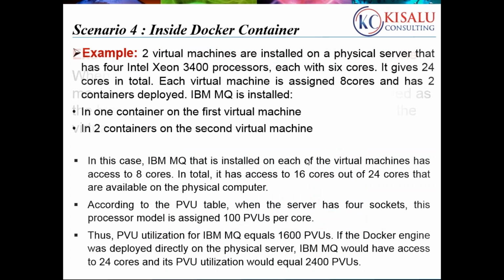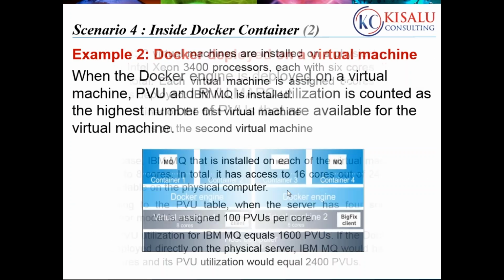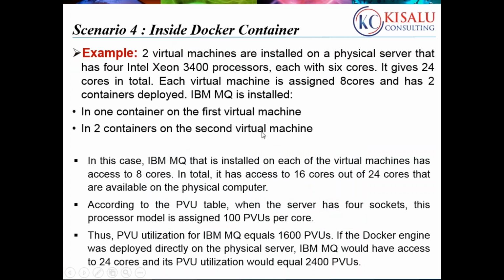Okay, so from this second example, we can see that the two virtual machines are on the host computer, and each has 8 cores, and each machine has 2 containers deployed.